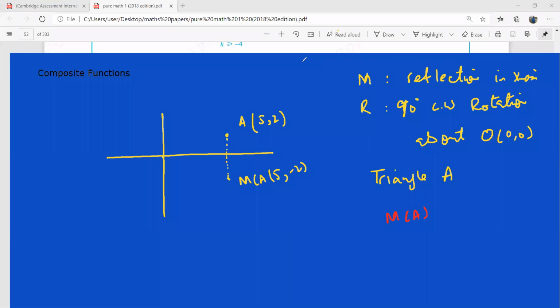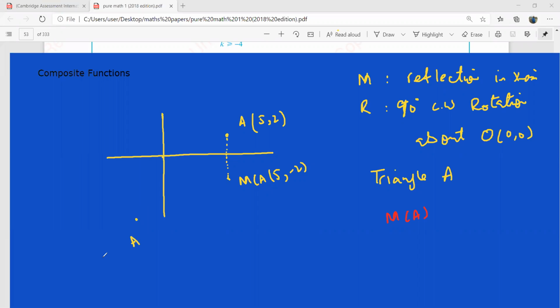This is your M of A. Now, if I rotate this about the origin over here, after a 90 degrees rotation, this would be coming over here.